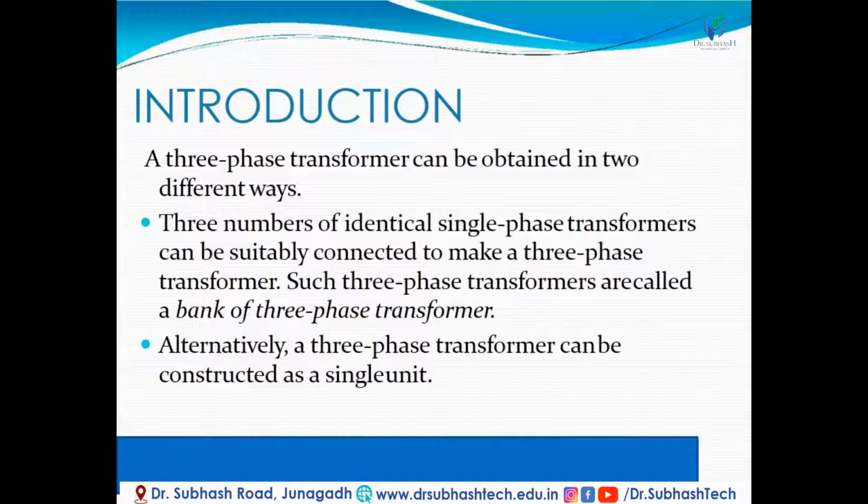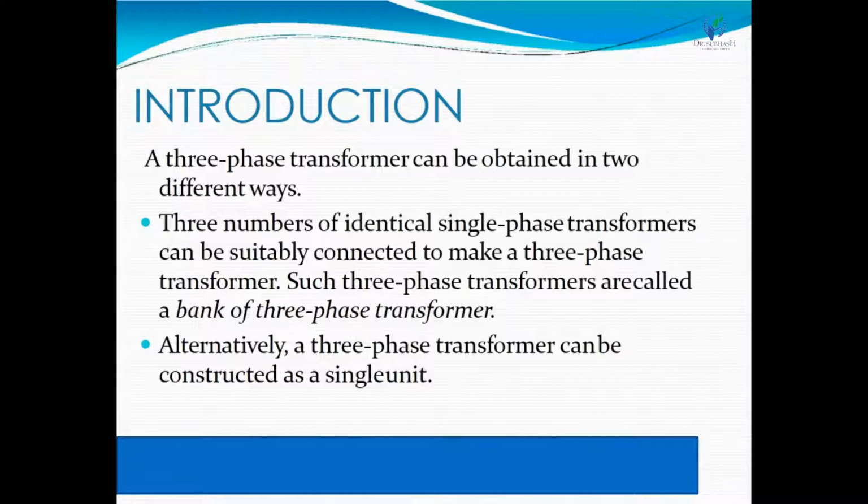The transmission of electricity takes place at voltage levels such as 110 kV to 132 kV. So it is necessary to use a step-up transformer to raise the voltage level from 33 kV to 132 kV. Three-phase transformers are used for the same.